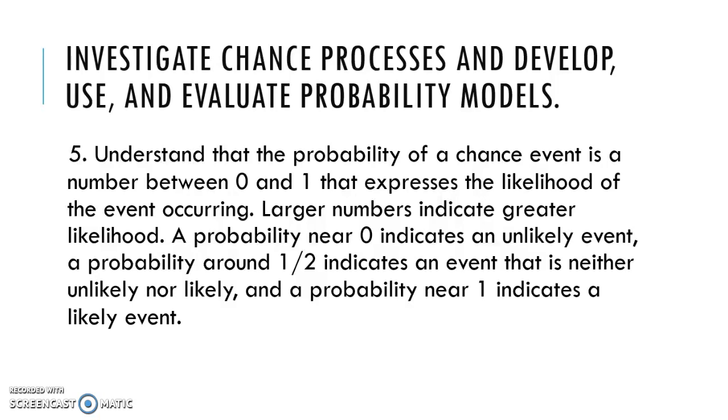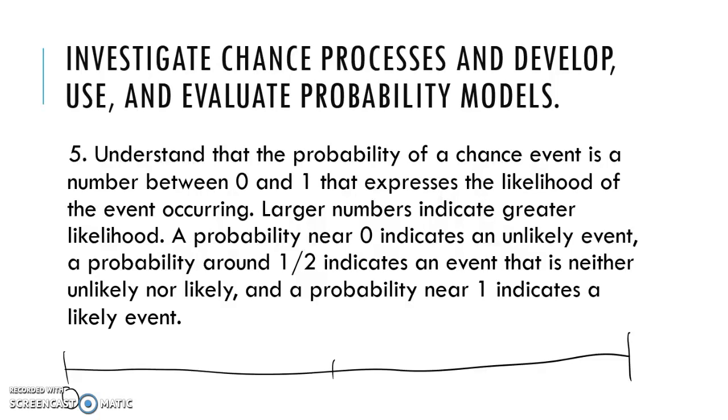So putting things on a number line and having students practice placing things. Have them make a list of events. Imagine some things. What are some things that are not likely to happen today? And place them on a number line where you think, and have them give a percentage or a fraction of what likelihood they think that is of happening.